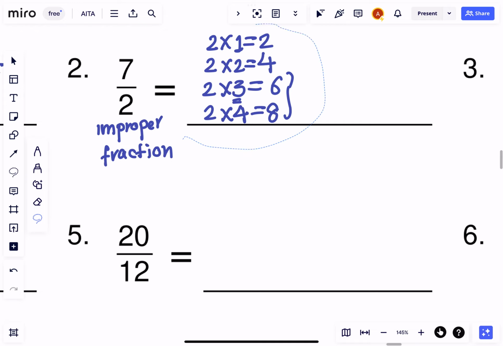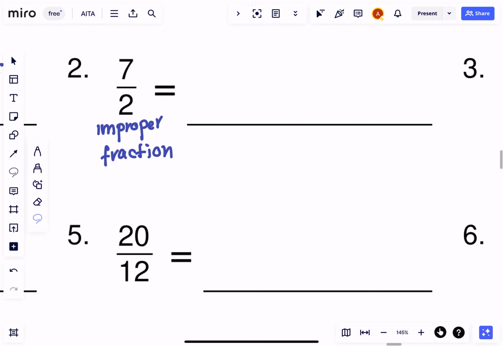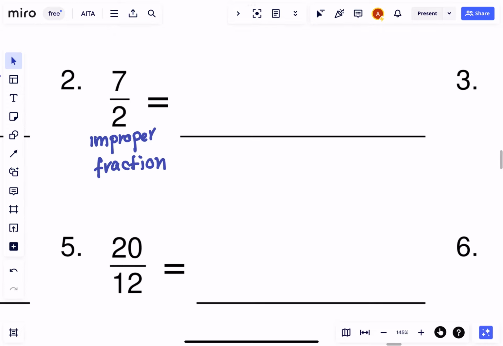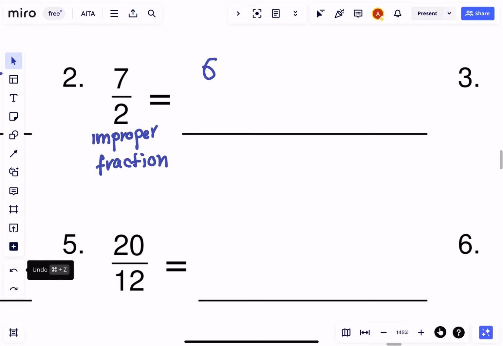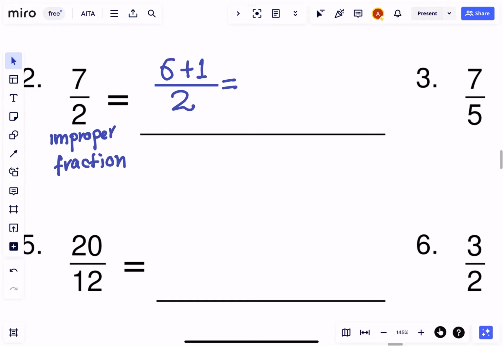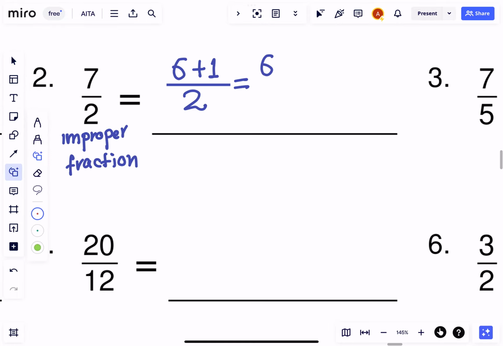Okay, so let's now get rid of this and say that we are going to write this as 6 plus 1 upon 2. Remember, 6 plus 1 is 7, which is the same as 6 upon 2 plus 1 upon 2.